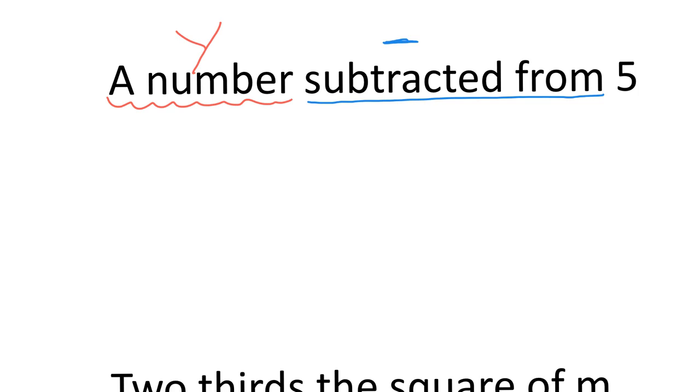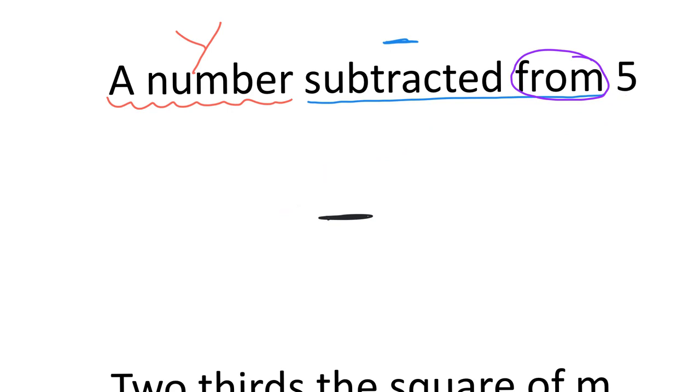Subtracted from 5. Now, it's very important that you guys remember the word from. So I'm just going to circle that word right here, from. Because the word from, the word then, and the word into, if you guys see those in a sentence, that means you have to switch the order of the operation. So you are going to subtract. I'm going to put the minus right here. But when it says from, well, this number 5, a number subtracted from 5, it actually has to go first.